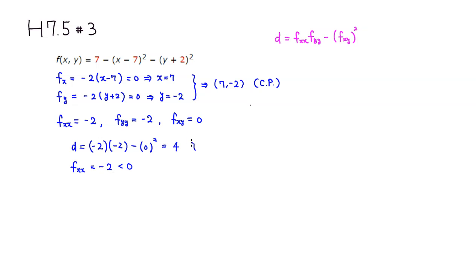These two combined, we know that we have a cup shape facing down. So this is a ballpark idea of what it looks like. You can see that at this point, you're going to have a local maximum. So the point (7, negative 2) is going to have a local maximum, and that's it.